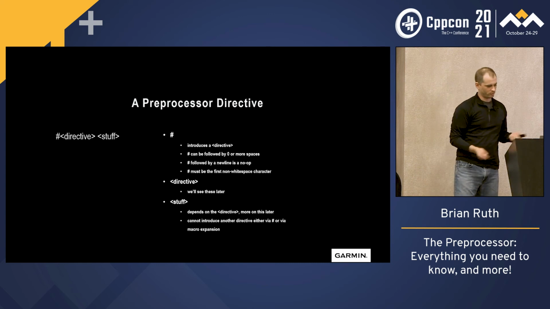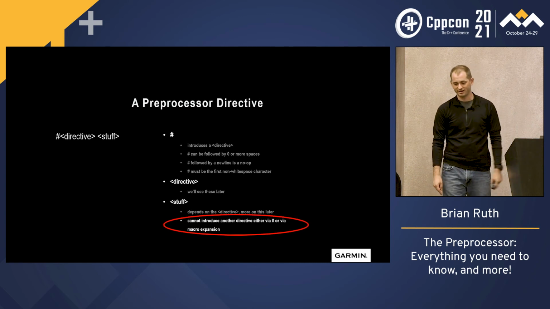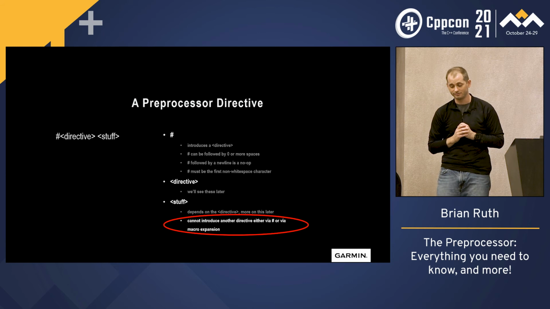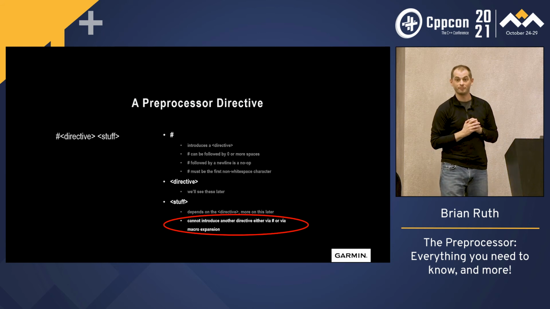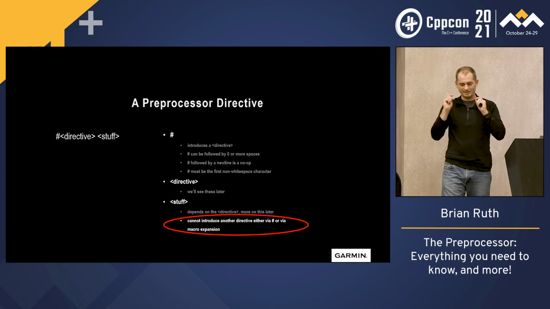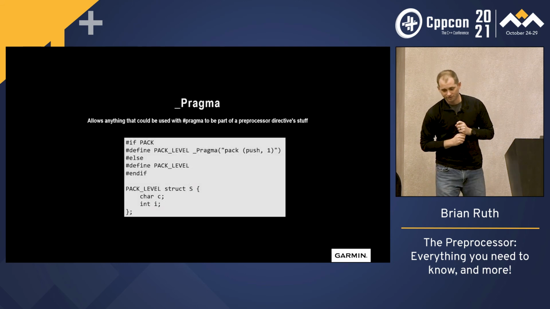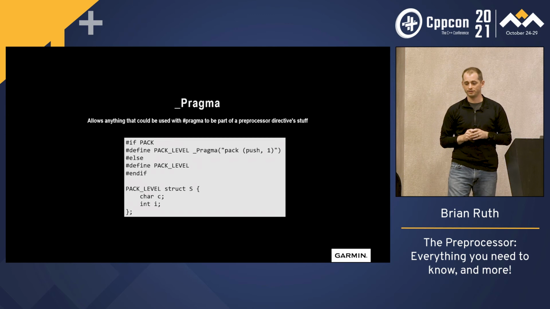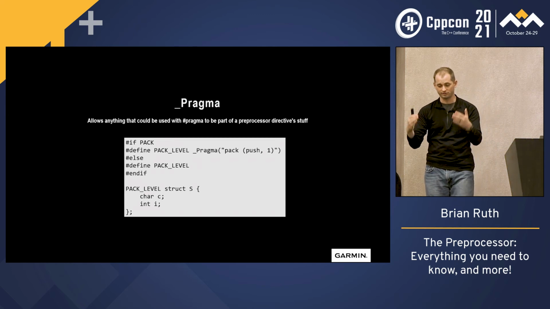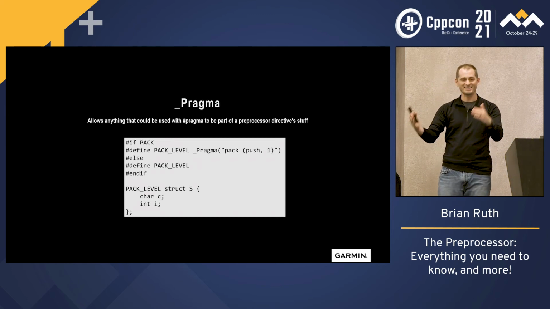Remember at the beginning when we had a preprocessor directive and I said you cannot introduce another directive either via a pound or a macro expansion? It wasn't entirely accurate. There's the underscore pragma that was introduced, and what that does is essentially evaluate the string as a pragma.